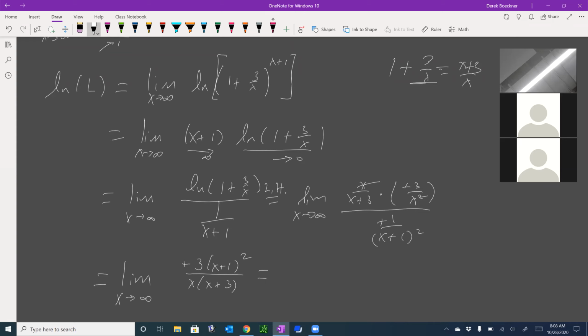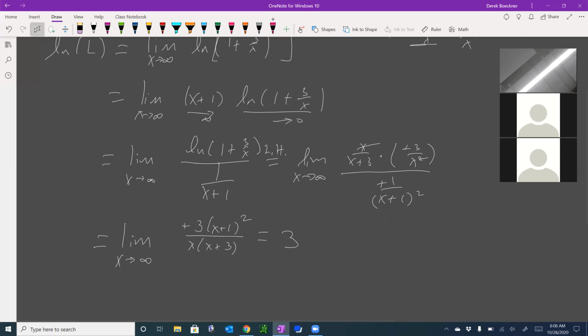And my leading term is 3 on the top and my leading term is 1 on the bottom, so this goes to 3. And so the natural log of the limit is 3, which implies L equals e cubed.